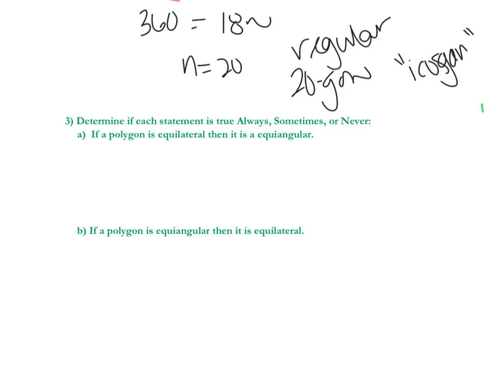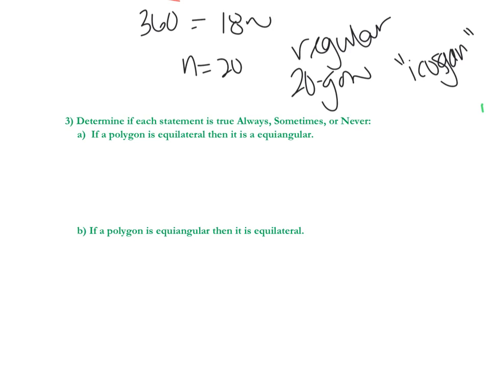Okay, determine if each statement is true always, sometimes, or never. If a polygon is equilateral, then it is equiangular. One way I like to do these problems is to think back to parallelograms, because a square is a parallelogram, and a square is a regular polygon. We know all the properties of our parallelograms, or at least hopefully we do.